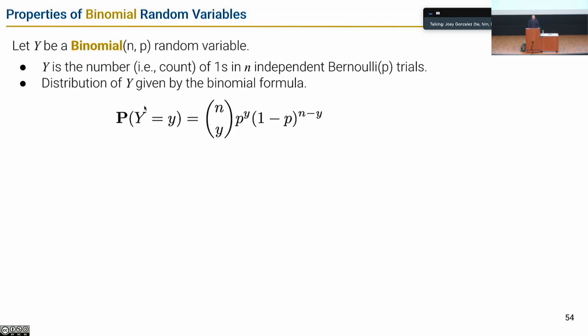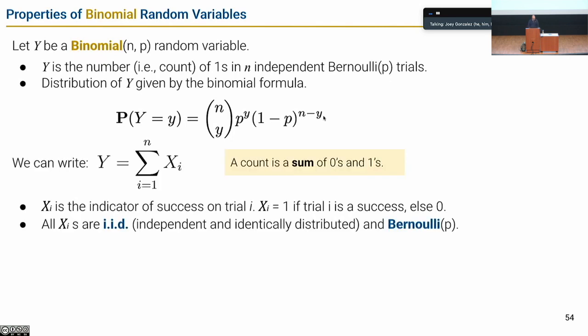The binomial has a nice closed form equation for calculating the probability. It's n choose y times the probability of success to the y times 1 minus the probability of success to the n minus y. Say I have 3 successes out of 10 trials: then it's 10 choose 3 times the probability of success to the 3 times 1 minus the probability of success to the 10 minus 3, so 7.